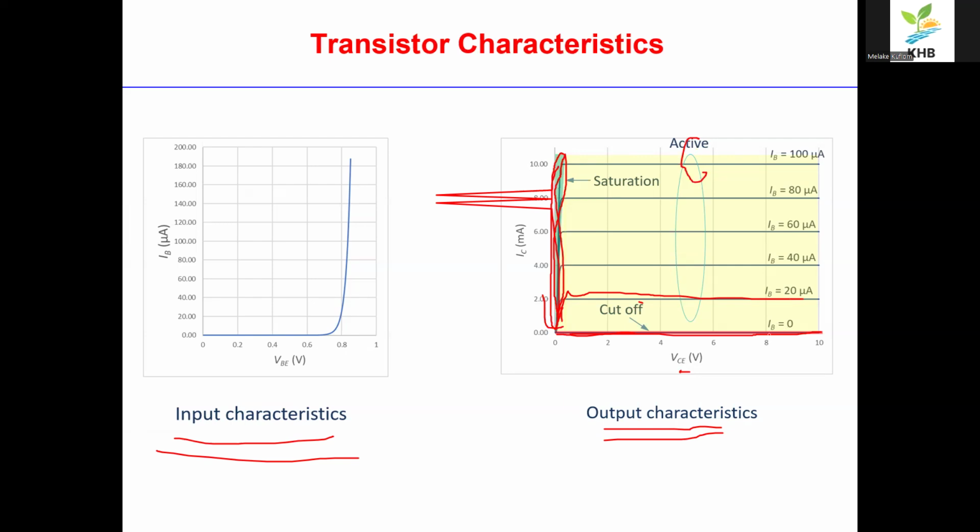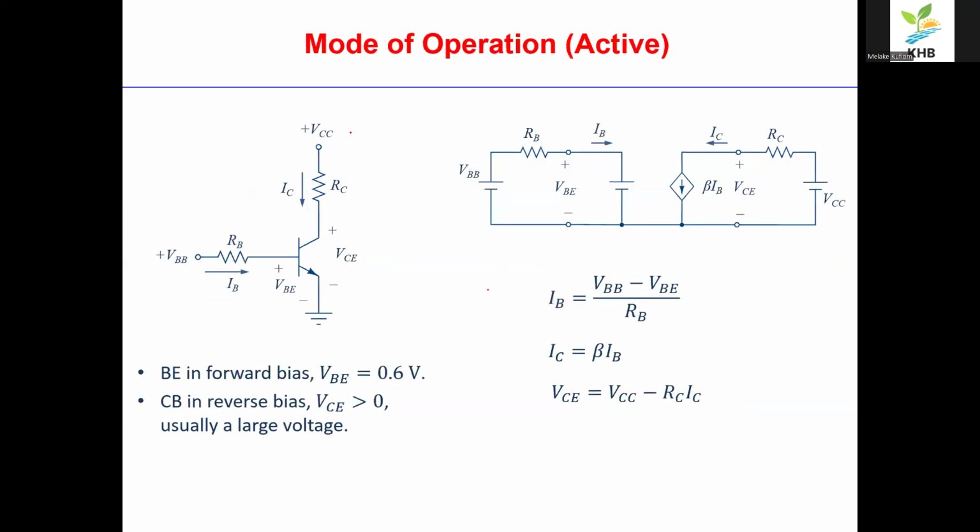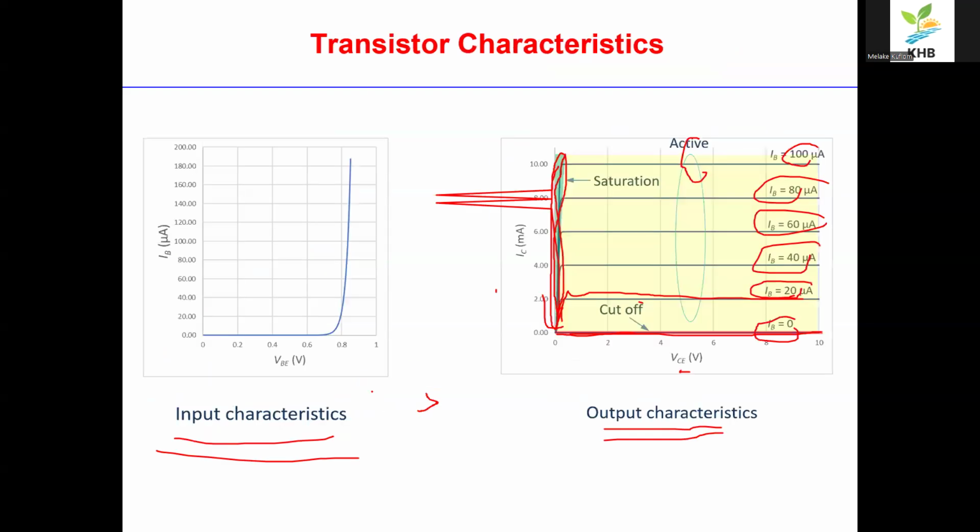If you see, for example, the bias current is 0 in here. In this region, the bias current is 20 microamp, 40 microamp, 60, 80, 100. The mode of operation for the active region is when VBE, across here, is in forward bias, with the voltage above 0.6.